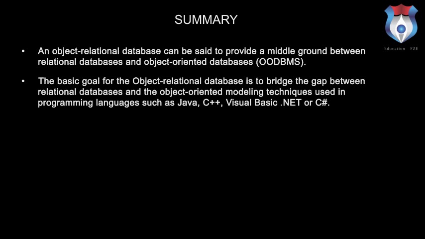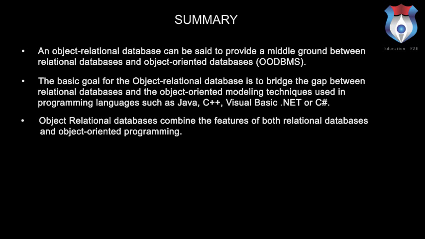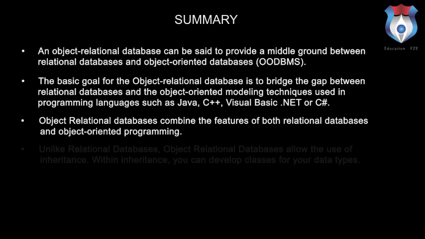The basic goal for the object-relational database is to bridge the gap between relational databases and the object-oriented modeling techniques used in programming languages such as Java, C++, Visual Basic .NET, or C#. Object-relational databases combine the features of both relational databases and object-oriented programming.